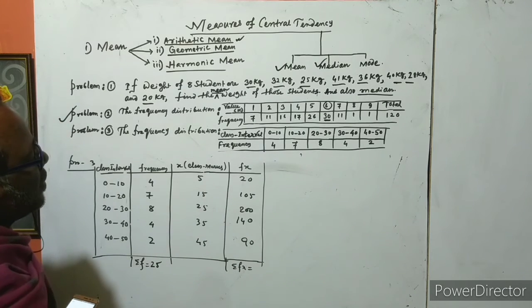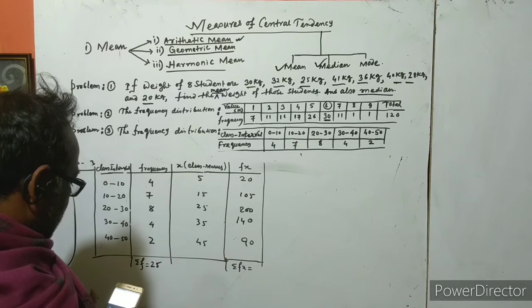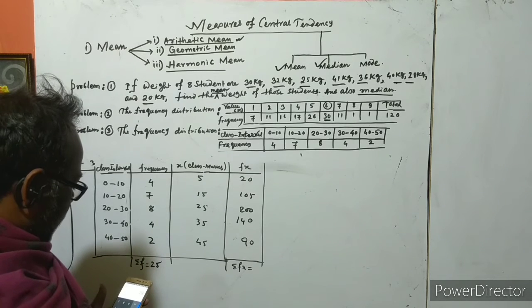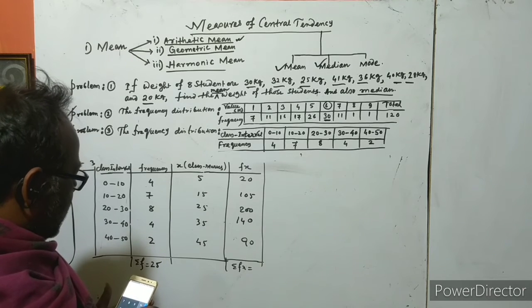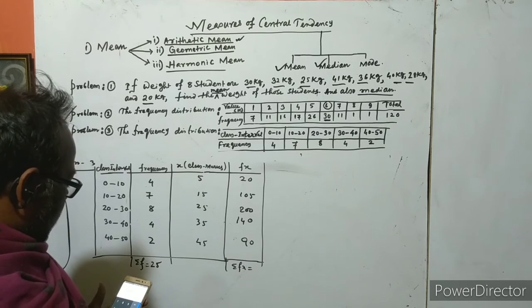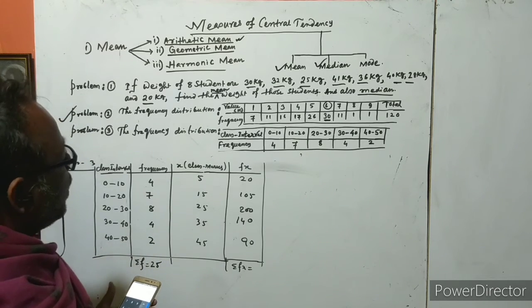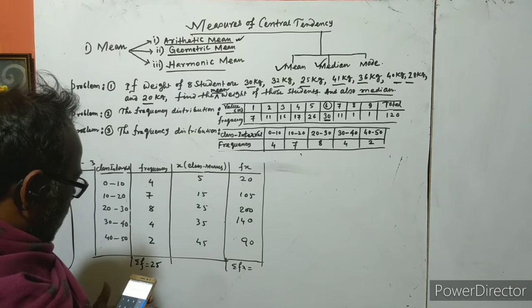And the sum of that is here 20 plus 105 plus 200 plus 140, plus 90.